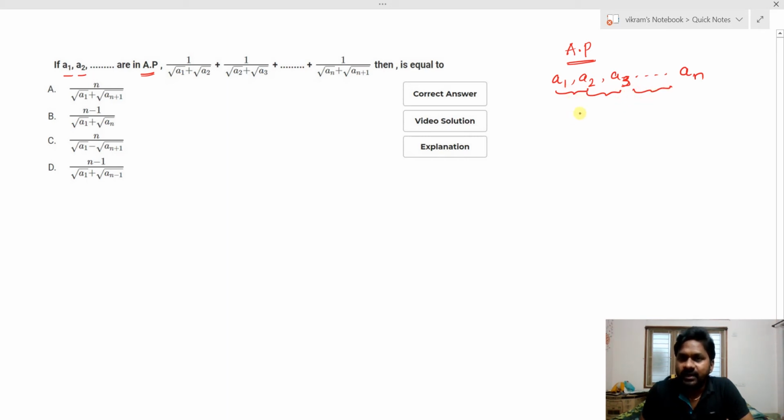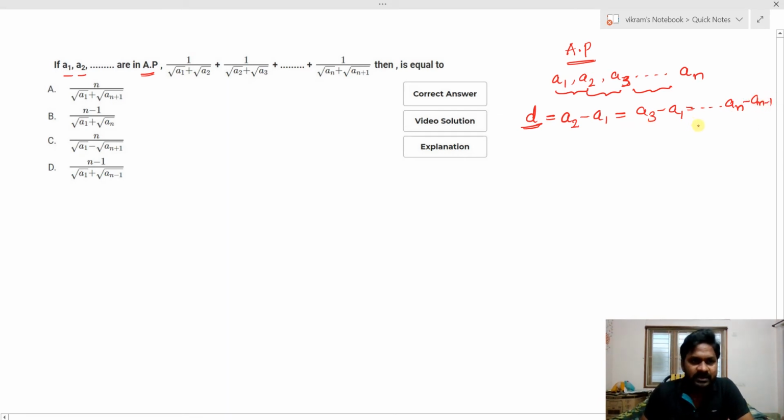That means a2 minus a1, a3 minus a2, and so on. All these differences are a common difference d, that is, an minus a(n-1).